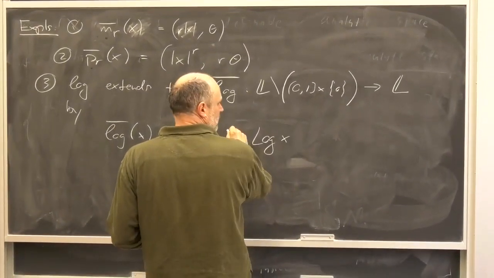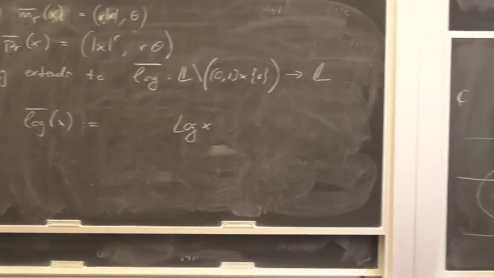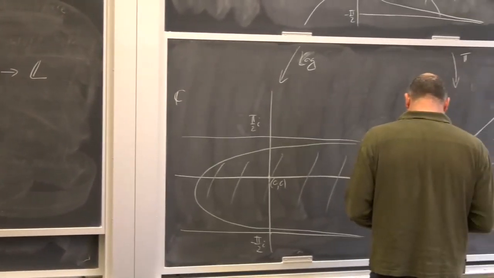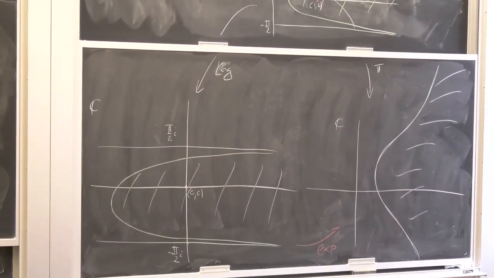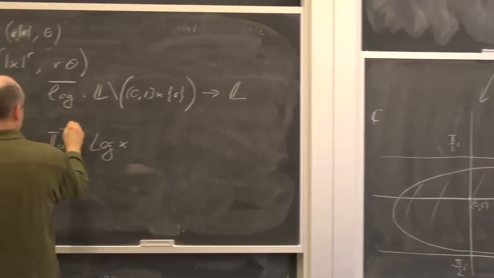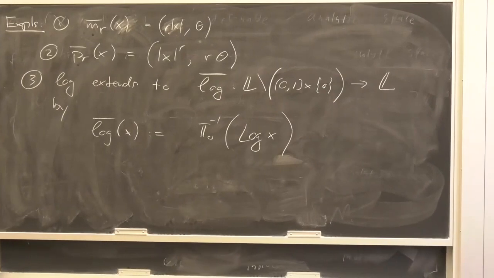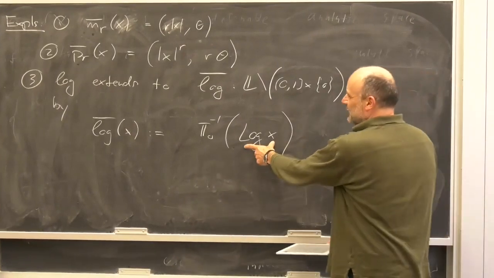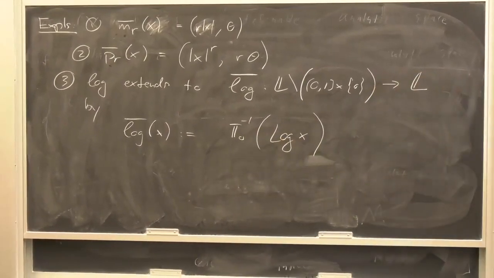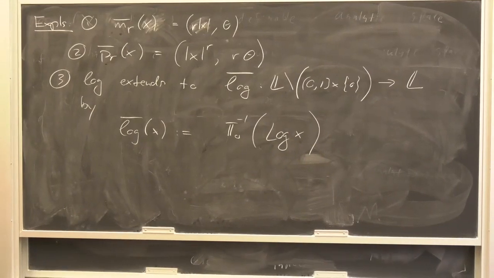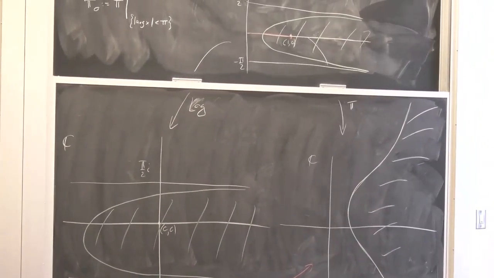And then just take that back up via pi 0 inverse, because I do want to have the log. In a way, by doing this, I already computed the log of x. So I don't want to go over here first and then back up. I want to actually use pi 0 inverse directly, and we'll compute the log.